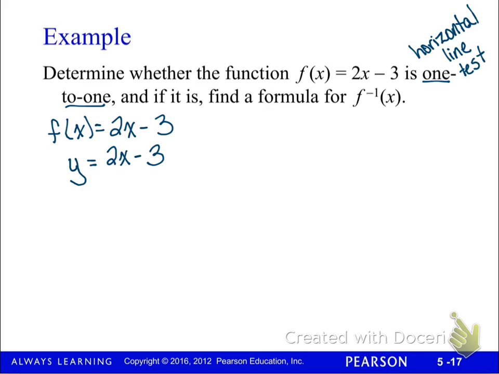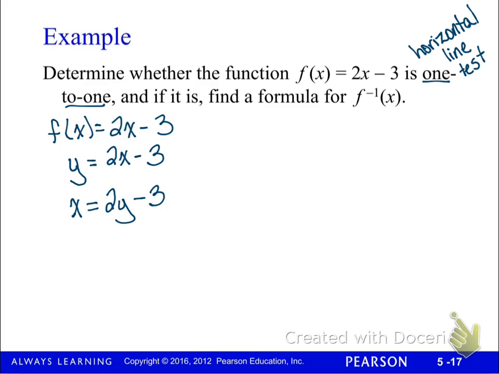My next step is to replace y with x and replace x with y. So I am going to take my first y and make it an x, and then take my 2x and make it 2y. Wherever there was an x, I put a y. Wherever there's a y, I put an x. Okay?